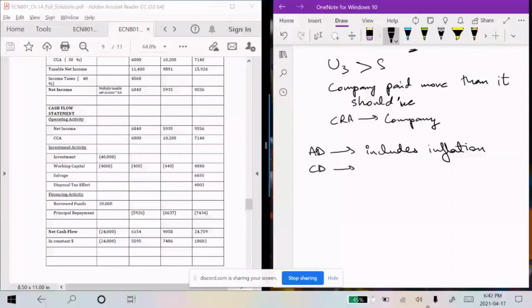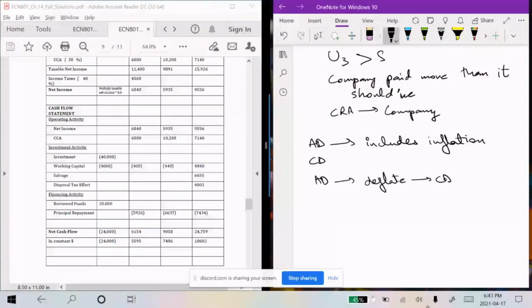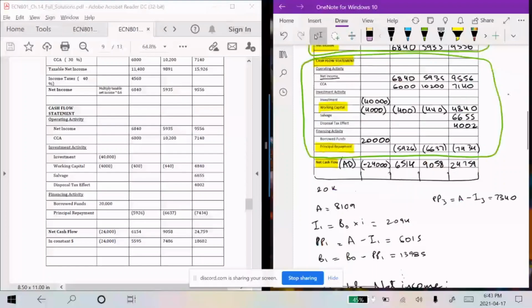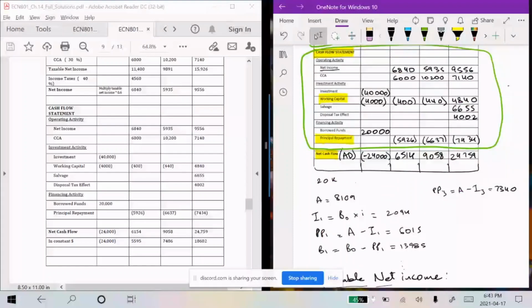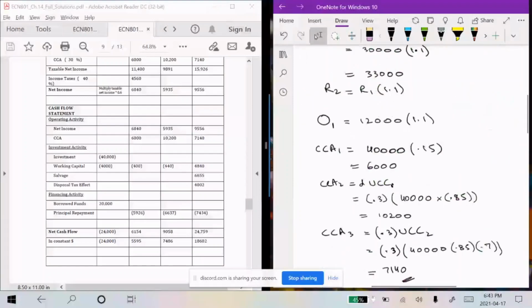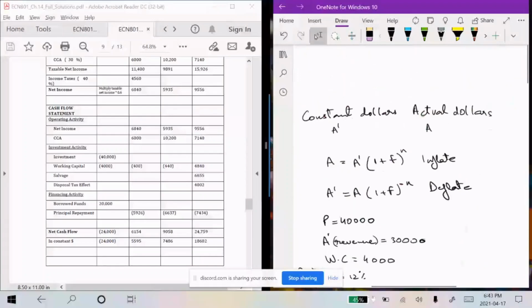To do this, we take the actual dollars and then we deflate them. You get the constant dollars. To deflate something, you take each of these values and use this formula right here, all the way to the top, deflate.